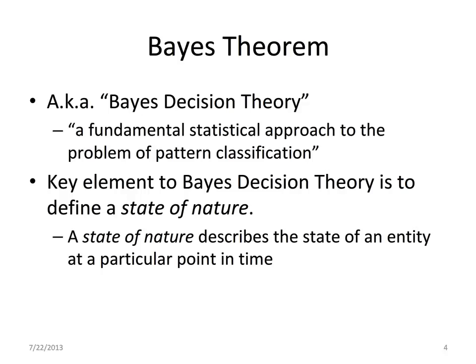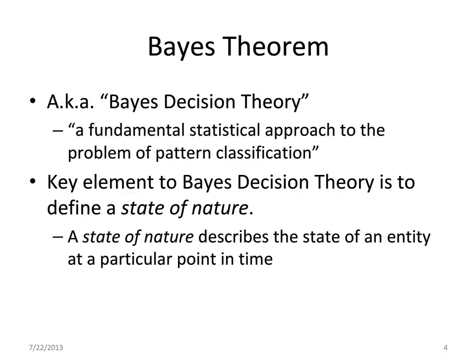A state of nature describes the state of an entity at a particular point in time. An example of this would be tracking an aerospace object, which is what this research project slash paper is basically doing. And another question is, what is a state of nature?